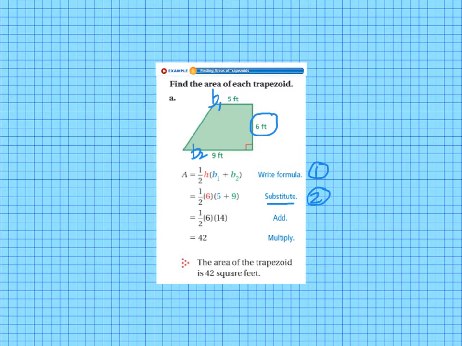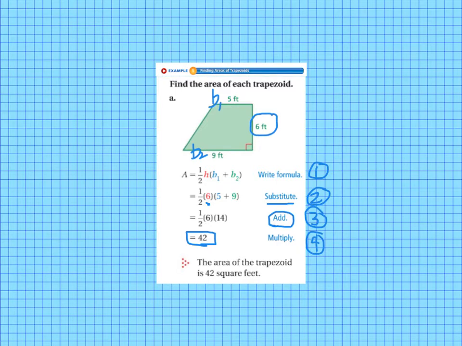So that would be the 6 in this example. And so first we add, and that's our step 3. And then we're going to multiply. So we multiply 6 times 14 times 1/2, and we get 42. So step 4 is we multiply.